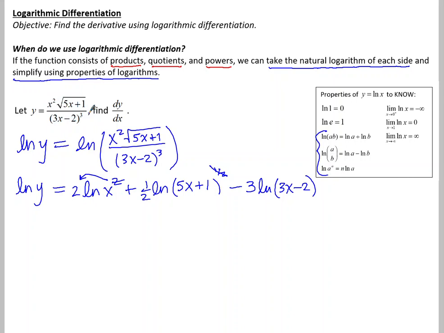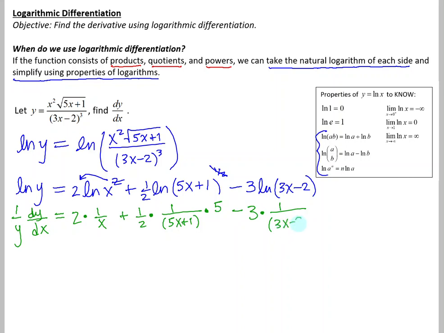Now I take the derivative of both sides of the equation. The derivative of natural log of y, 1 over y times dy/dx, using my chain rule, equals 2 times the derivative of natural log of x, which is 1 over x, plus 1/2 times the derivative of the natural log of 5x plus 1, which is 1 over 5x plus 1, using the chain rule, times 5, minus 3 times the derivative of natural log of 3x minus 2, 1 over 3x minus 2.